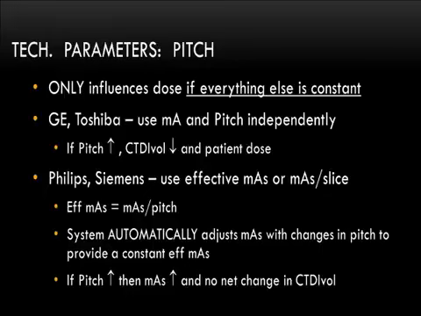If pitch changes, it changes the MAS to keep that effective MAS constant. So not everything else remains constant. So it violates that here. Changing pitch in this system does not save you dose. The system automatically adjusts MAS with changes in pitch to provide a constant effective MAS. So if pitch is increased, then the MAS is also increased, and there's no change in CTDI vol.